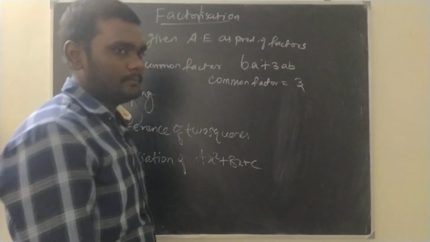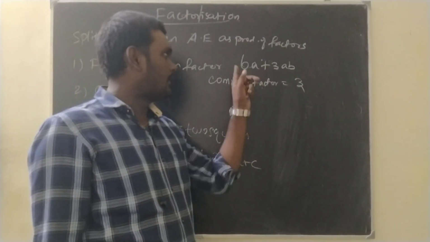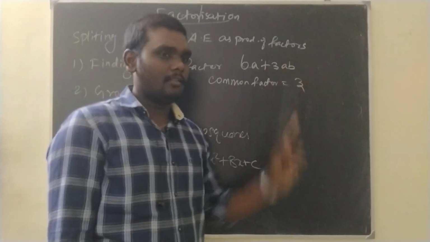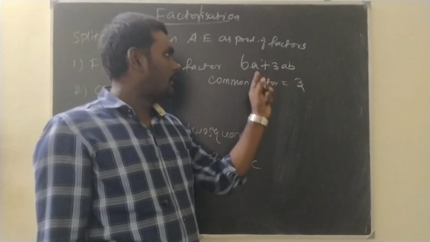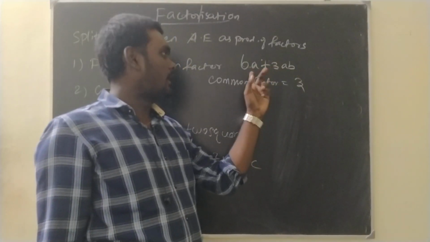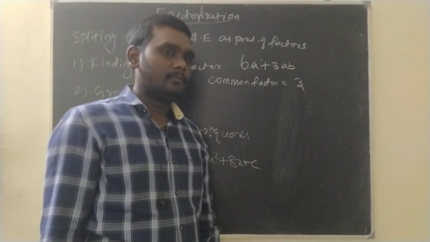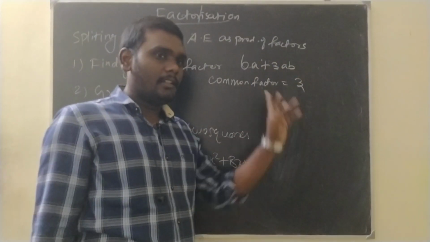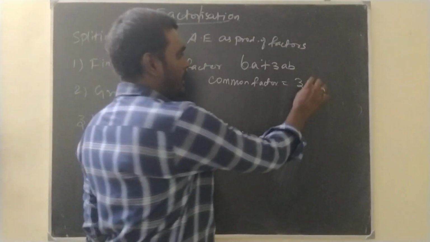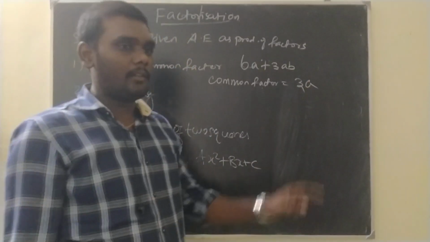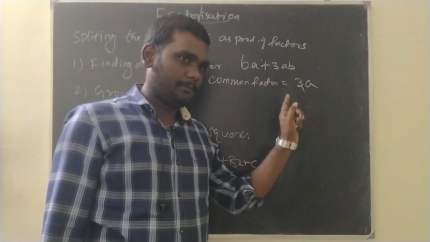Three for numbers. Yes, 6 also divisible by 3, 3 also can be divisible by 3. Likewise, now look at the variables. Here a is there, there ab is there. Both a and ab can be divisible by a. So, this is the common factor for both of these.